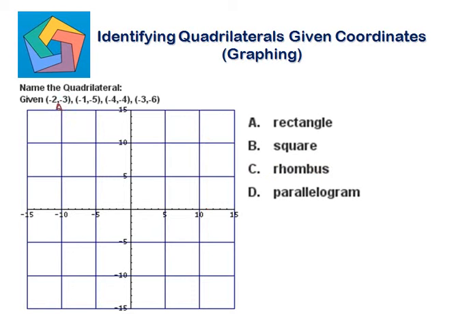So this is A, B, C, D. So -2, -3. 1, 2, 3. This is point A. -1, -5. This is point B. -4, -4.